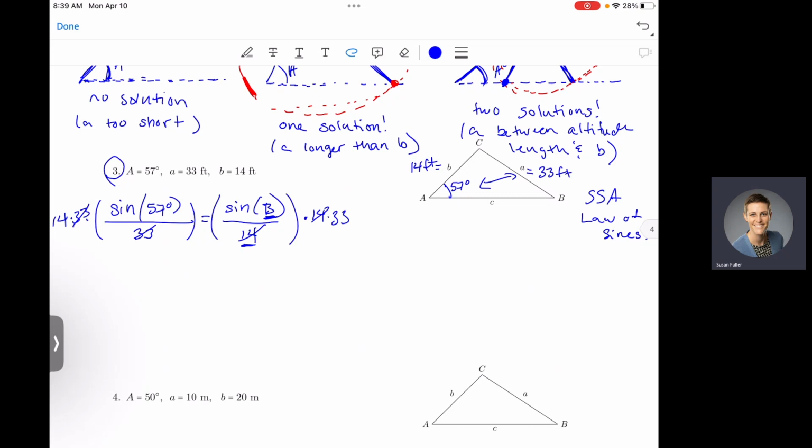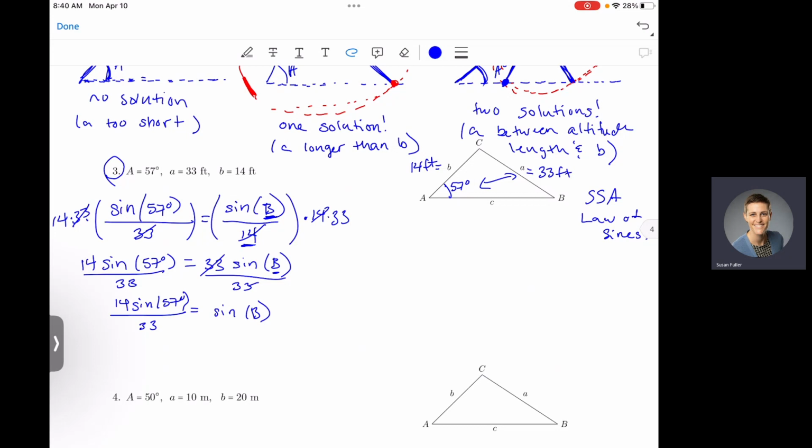So I get 14 times the sine of 57 degrees is equal to 33 times the sine of angle B. Again, I'm solving for angle B here, so I'm going to divide both sides by that 33. And so the sine of angle B is 14 times the sine of 57 degrees over 33.